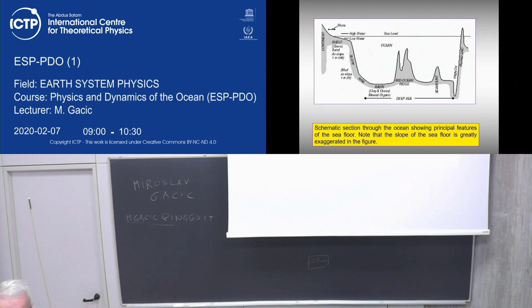Because if you have the water discharge, then you have salinity, as you will see later, lower than at the open ocean, for example. But then we will see that since the density depends on salinity, the density at the shelf area is different than the open sea.